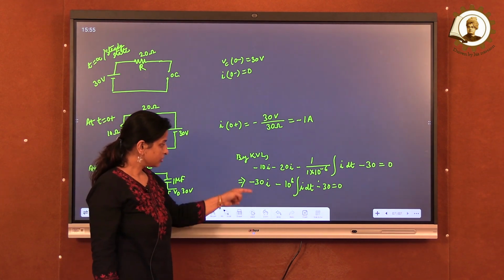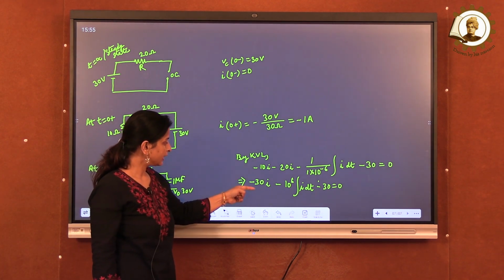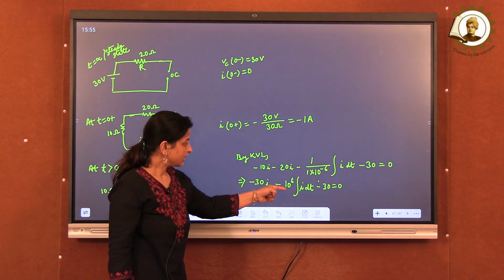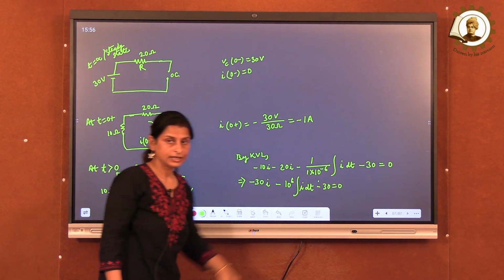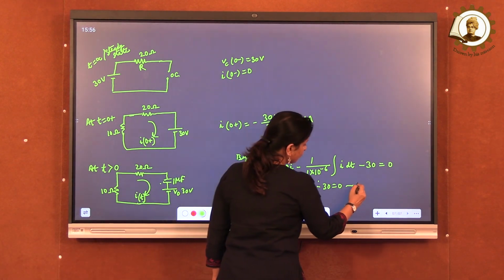Now if we simplify this equation, we get minus 30I minus 10 to the power 6 integration of I dt minus 30 equal to 0. This is our equation 1.